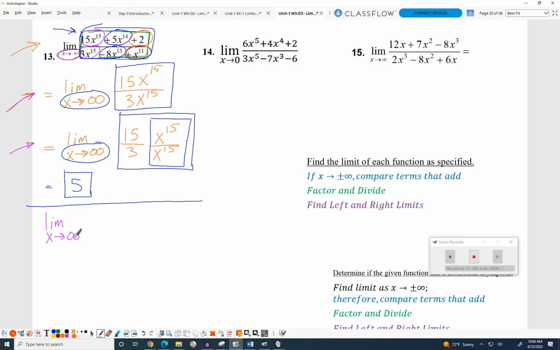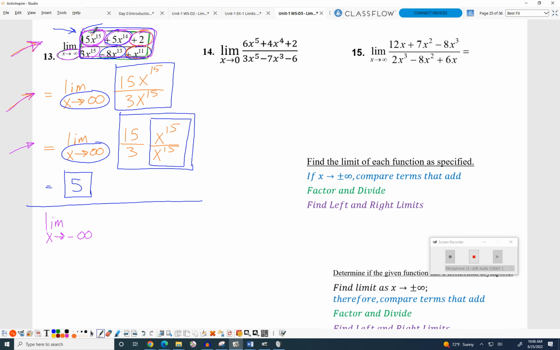I've already done it for positive infinity, so I don't need to start over here, because if all we're doing is comparing power functions, these are power functions, the comparison is the same whether x is getting very, very positive or x is getting very, very negative. The highest power function will still dominate. So I don't need to use this complicated formula.